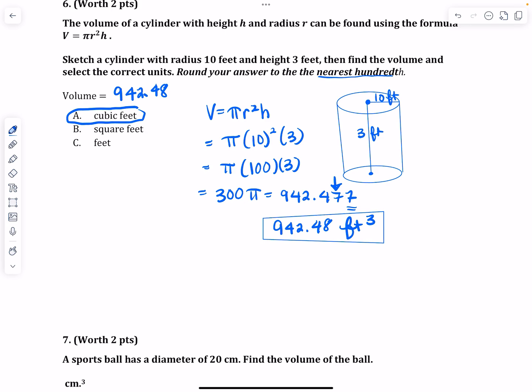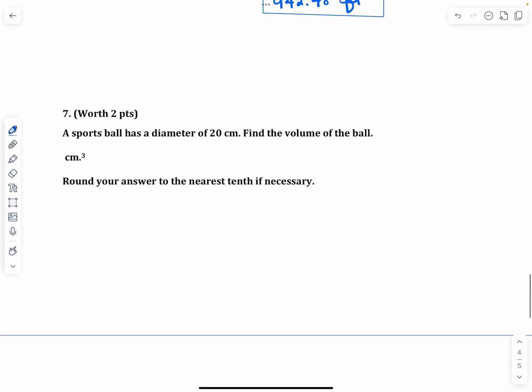Okay, let's move on to 7. A sports ball has a diameter of 20 centimeters. Find the volume of the ball. Okay, so if it's round, which we're assuming it is, we are looking for the sphere. Well, that didn't work out too well. All right, let me try that one again.